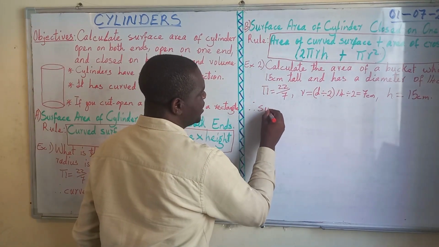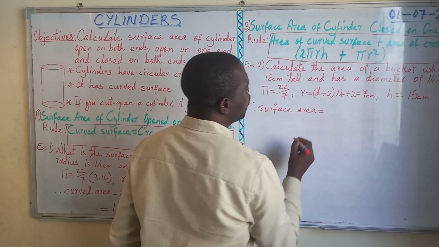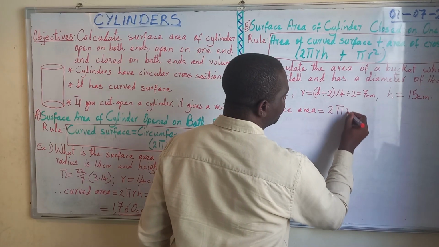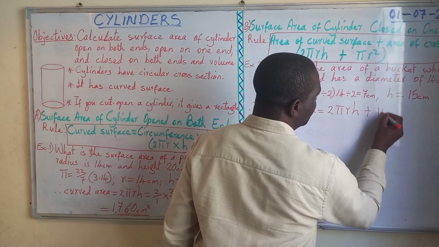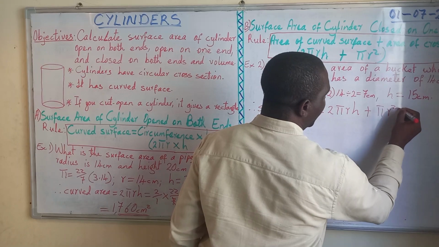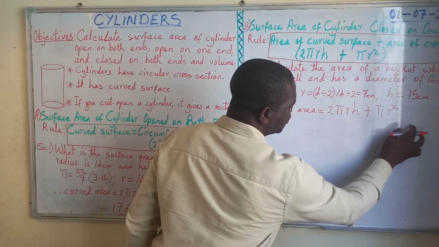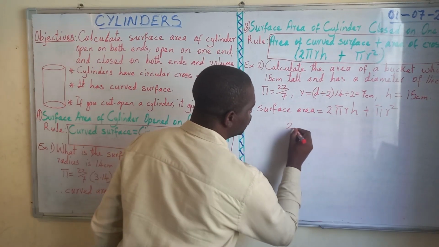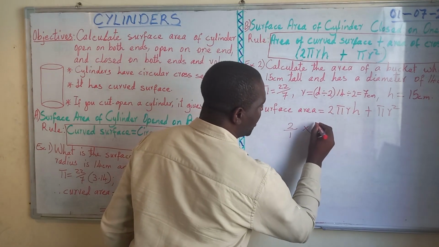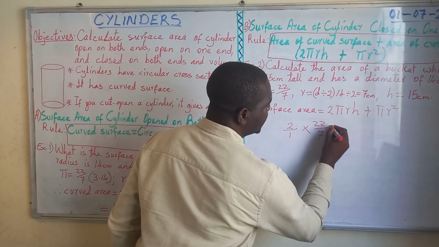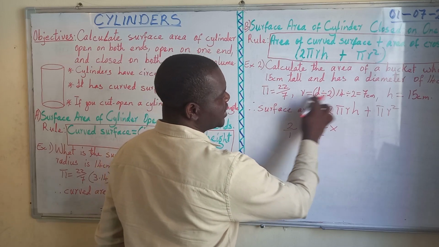Therefore, surface area in this case will be equal to 2 pi radius height plus pi radius square. Now we substitute. So this will be 2/1 times pi, which is 22/7, times radius. Our radius is 7.